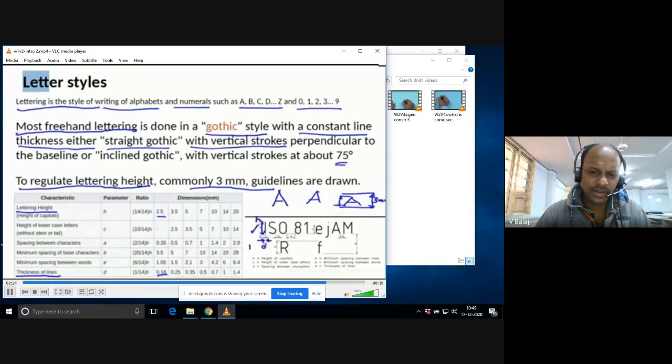So it's freehand writing only, but write neatly on the drawing sheet. So draw two horizontal lines and then only write anything on the drawing sheet. Without drawing horizontal lines, don't write, because technically we are drawing on the drawing sheet.